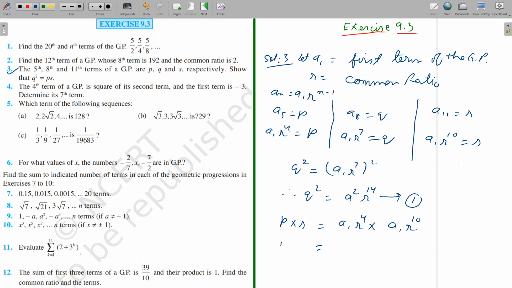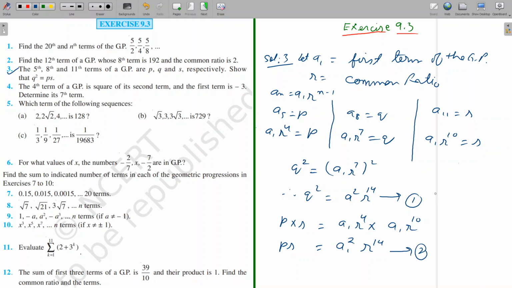So we can say that PS equal to A1 raised to 2 and R, here the exponent of R is 4 and here the exponent of R is 10. Base is same, so we can add the exponents. So 4 plus 10 will give us 14. What we are getting, PS equal to A1 square R raised to 14.